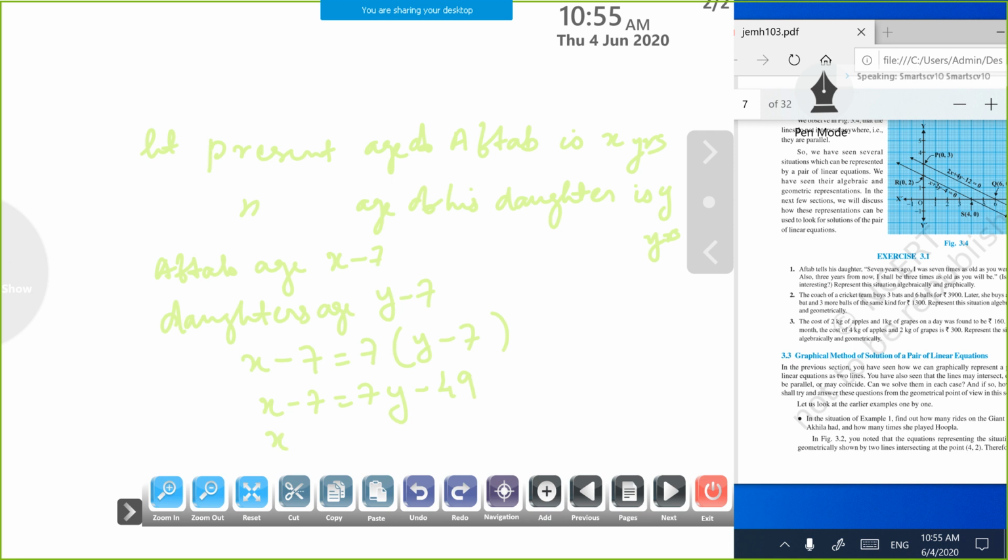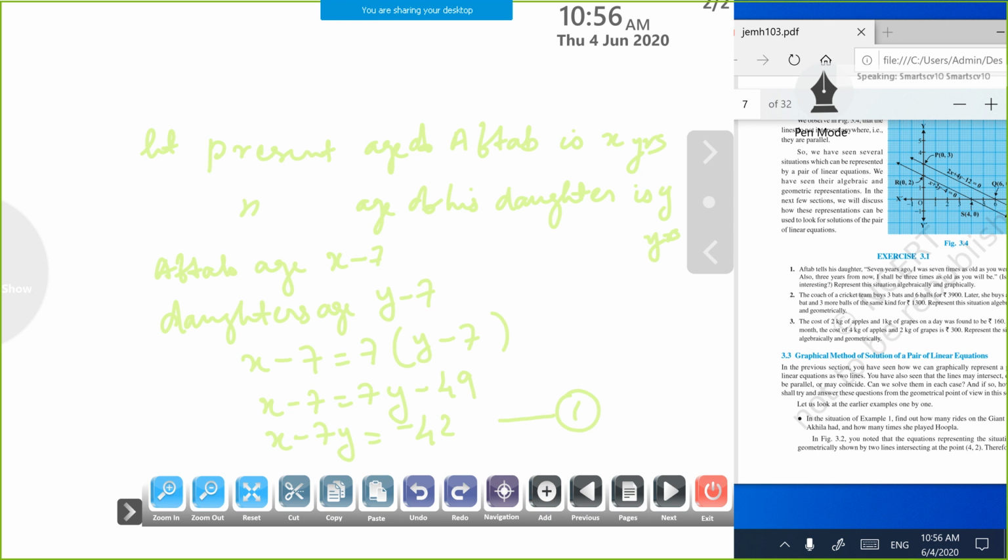Then x minus 7y is equal to minus 49 plus 7, that is minus 42. This is our first equation: x minus 7y is equal to minus 42. Clear?